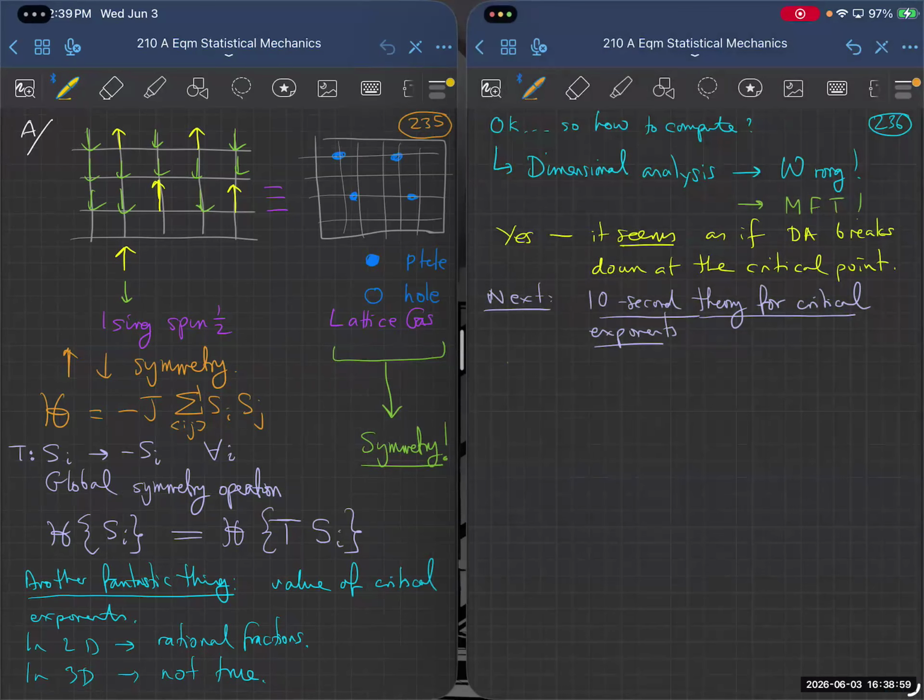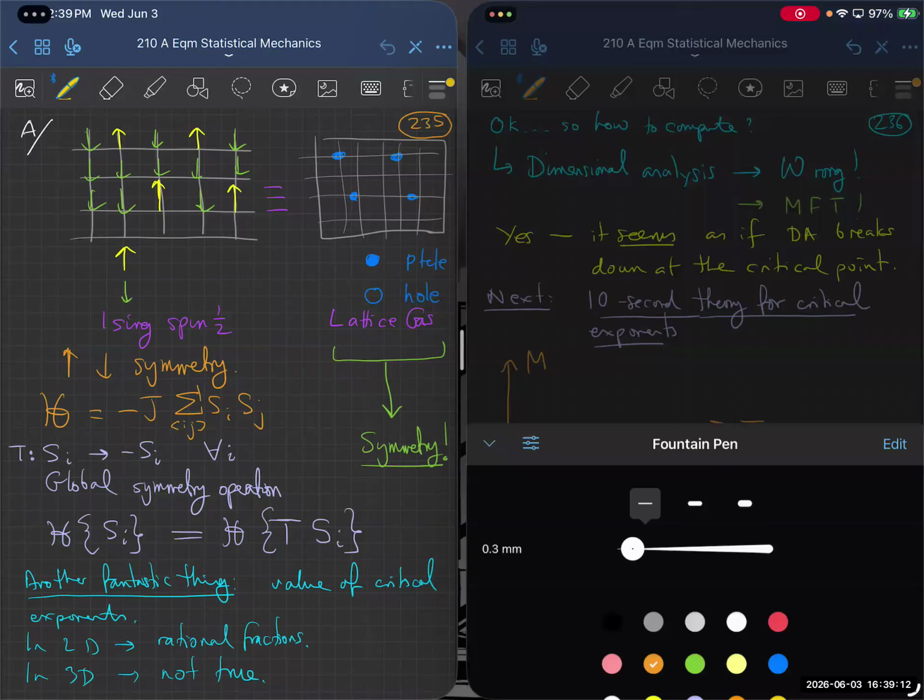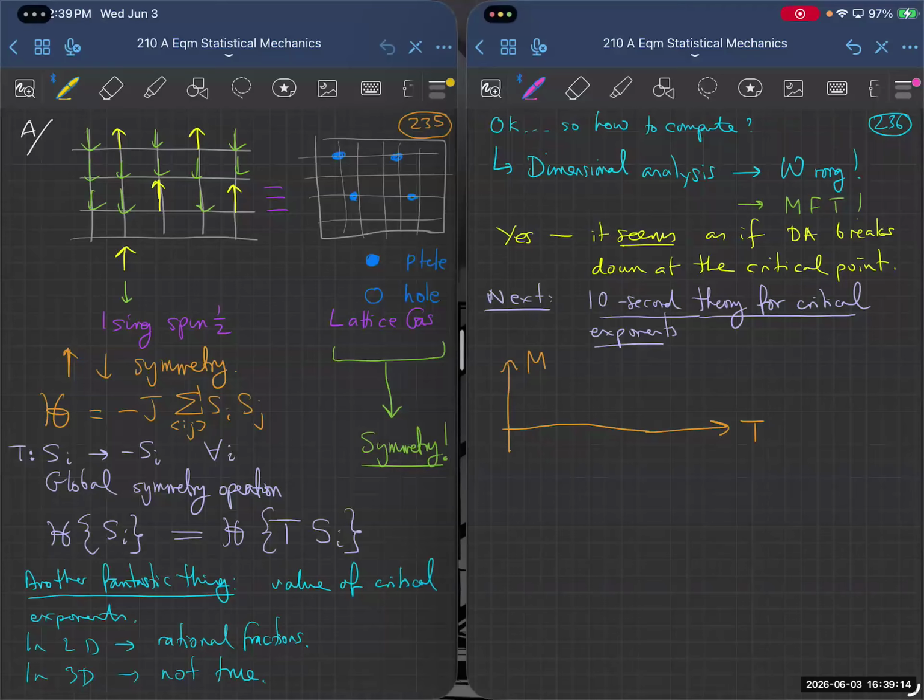The thing that we did last time was I showed you that here is temperature, here is the magnetization, and the behavior of this is like this. It's 0 up to here, and then it comes up like this and approaches 1.